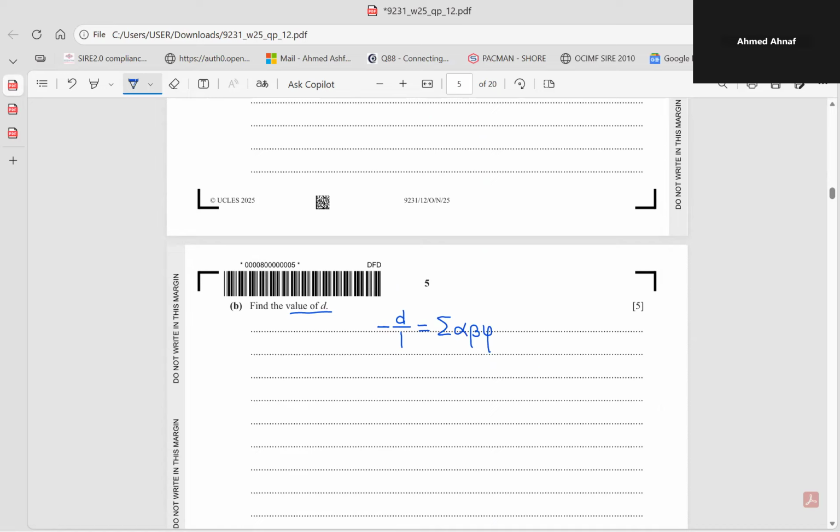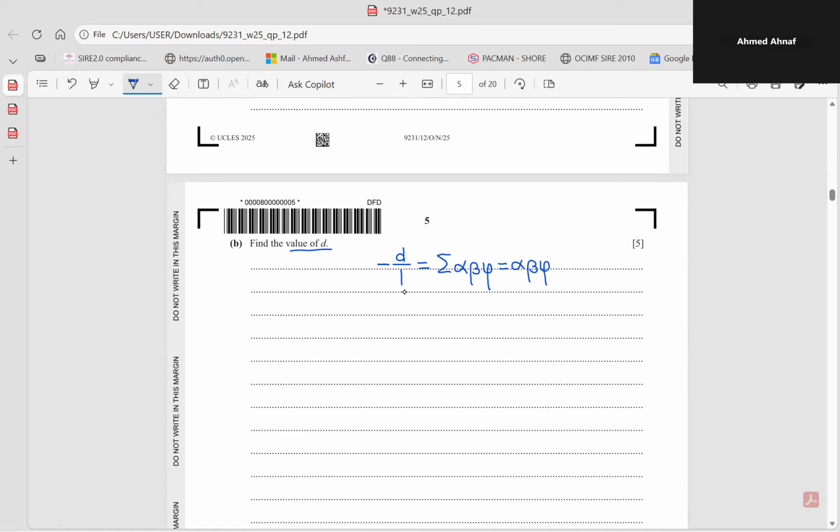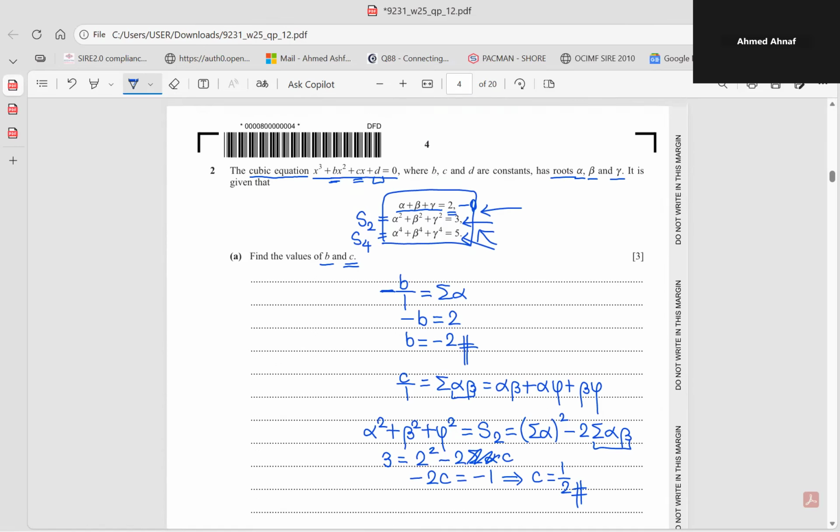For a cubic equation, that is just the product of all roots. So minus d equals alpha beta gamma. Therefore d is just minus alpha beta gamma.